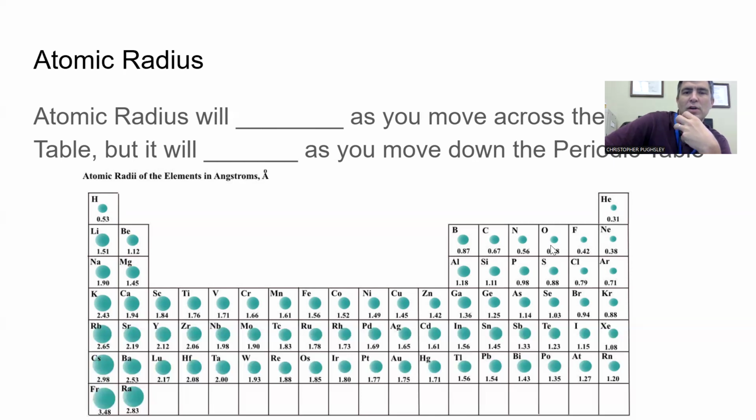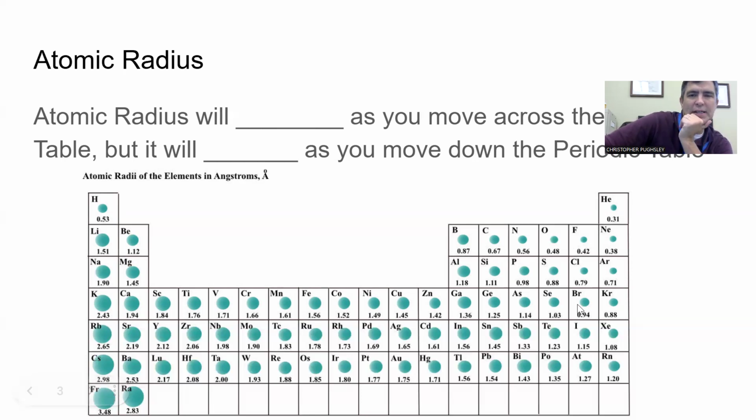Furthermore, oxygen and fluorine only need one more electron to become stable, so they're holding onto their electrons really tightly. Therefore, their atoms are smaller, and their atomic radius is smaller.